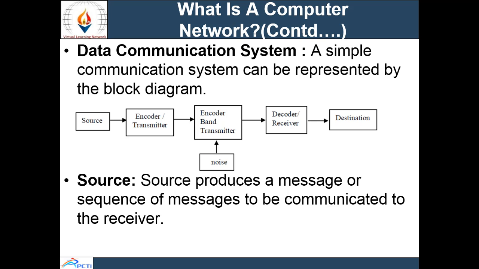First one is source. Source produces a message or sequence of messages to be communicated to the receiver. The source output may be in many different forms, such as a waveform, a sequence of binary digits, a set of outputs from sensors in a space probe, or many other similar forms.